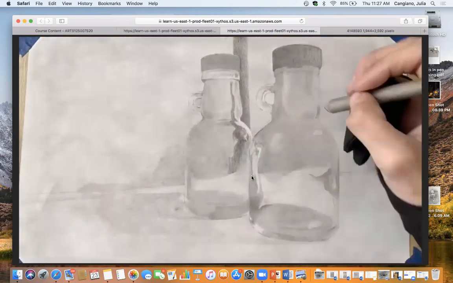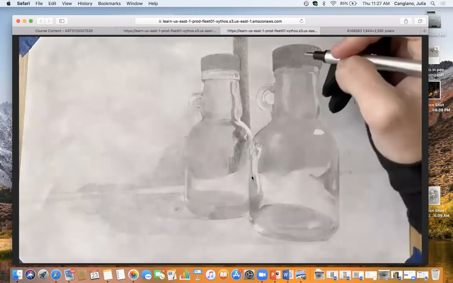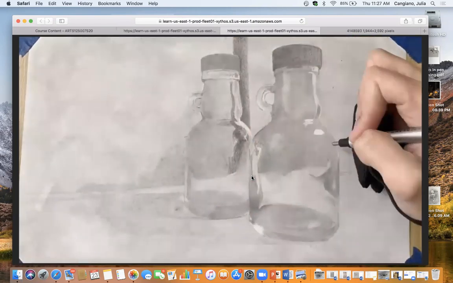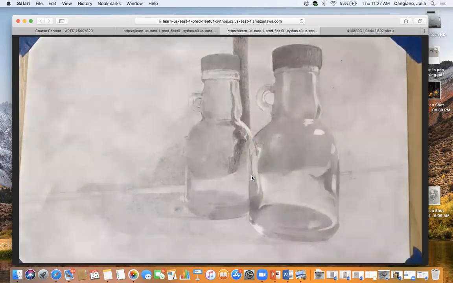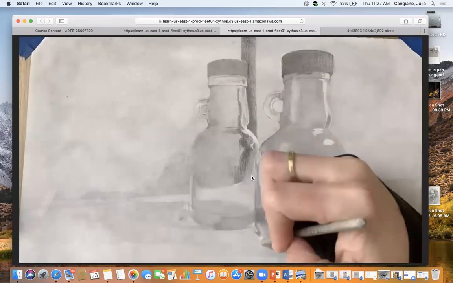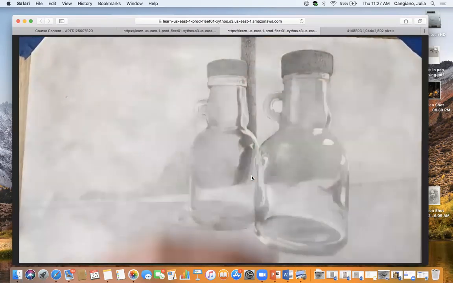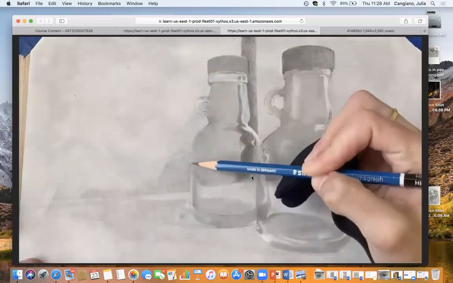After I got the general in, now I'm getting into the more specific areas and bringing out those highlights a bit so that they don't get lost while I'm using my blender. And the blender, if you choose to use graphite for this assignment or charcoal, you can use the blender, of course, and that can be a really useful tool.